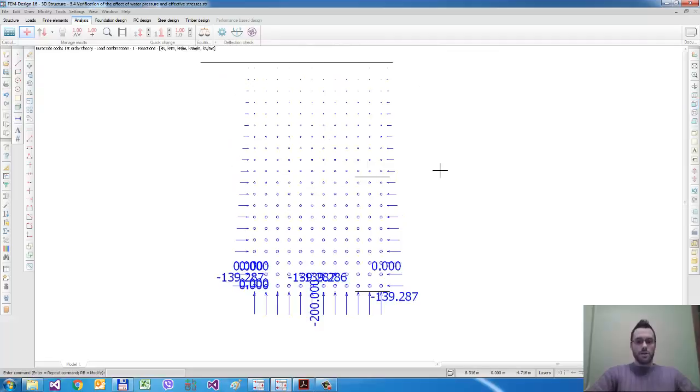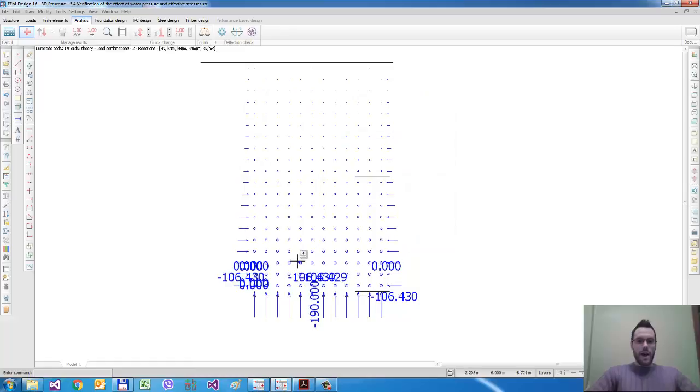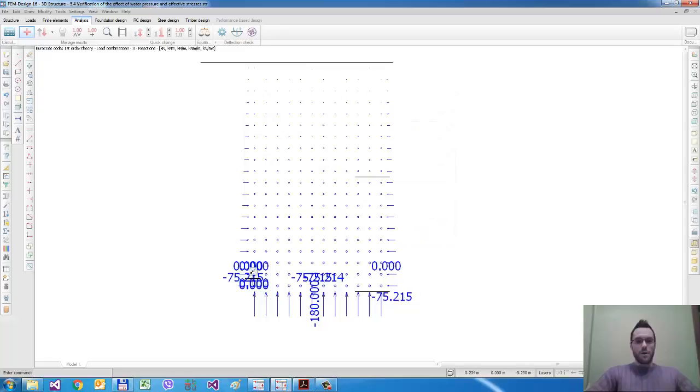If we reduce the groundwater level, for example in load combination 2, and apply groundwater level 3, which was at the bottom of the soil block, the sum of these two effects, the water pressure and the effective lateral earth pressure, reduces because we apply lower and lower groundwater levels.